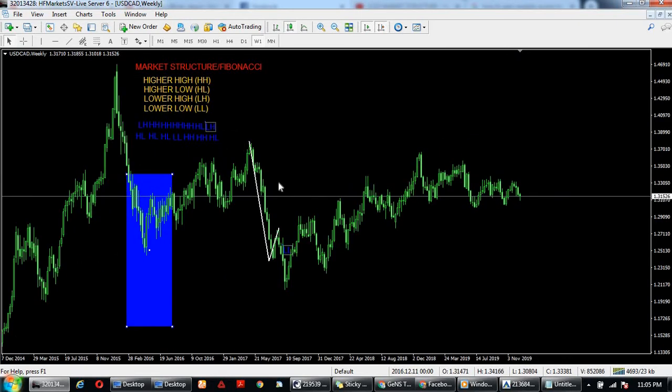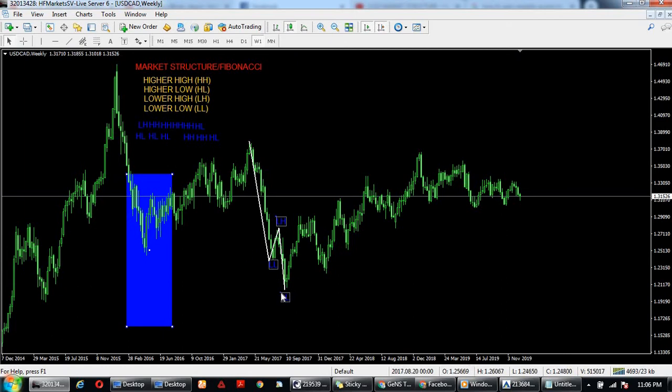Yes, this was the most recent lower high, and after the pullback, price came back all the way to the downside, creating a new low that is lower than the previous low. And like we said, that is the characteristic of the downtrend. The price will keep making a series of lower highs and lower lows, telling us yes, indeed we are on a downtrend.